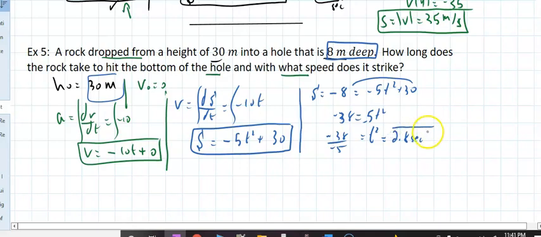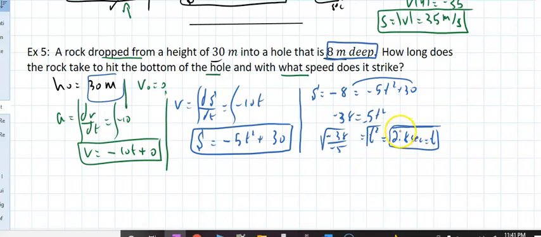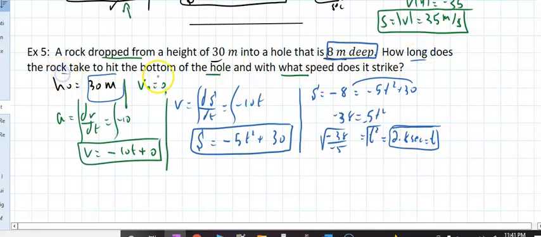That's what t equals, right? So if I know the time, then that's how long it takes. So how long does the rock take to hit the bottom? The rock takes 2.8 seconds, roughly, of course, to hit the ground.